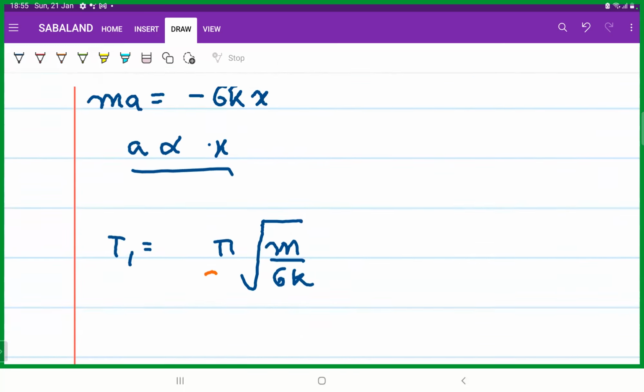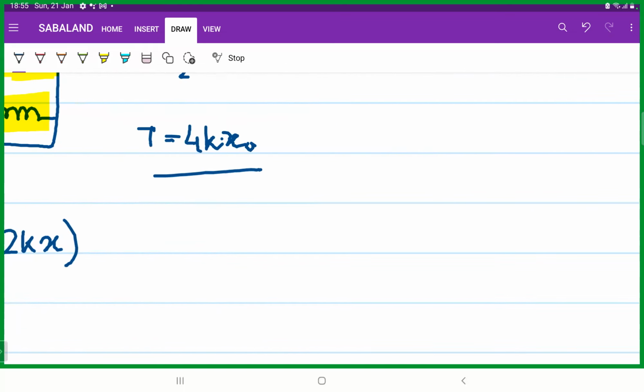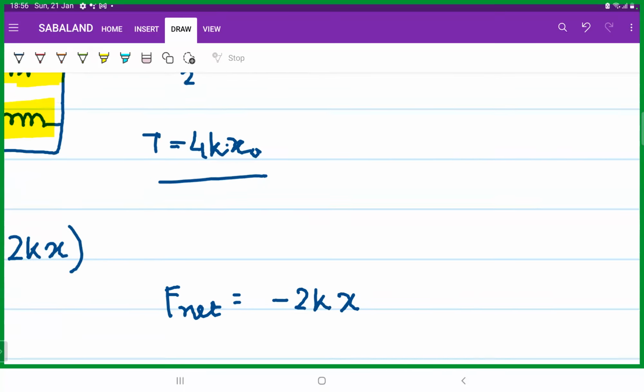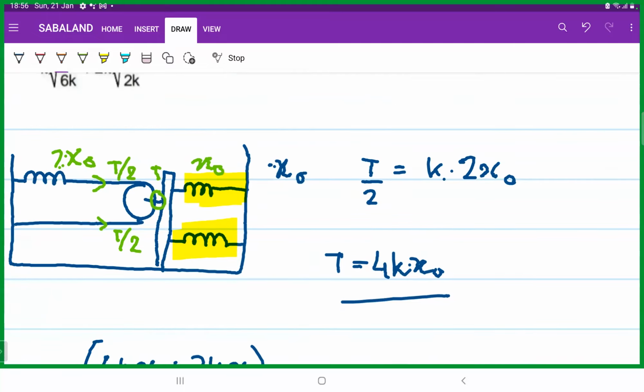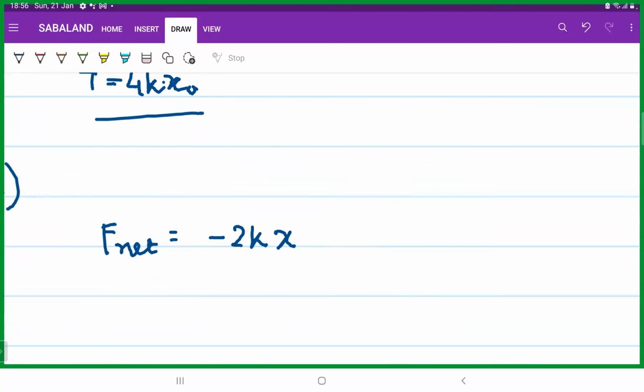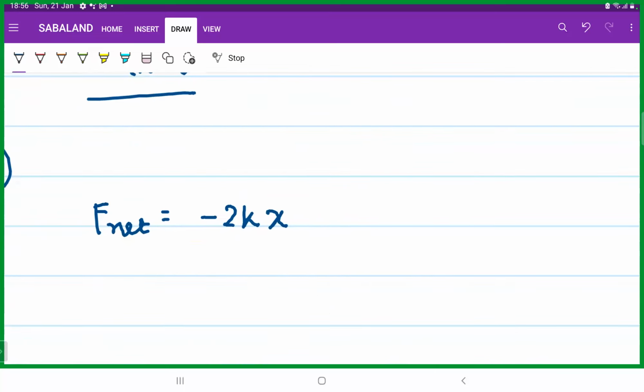Okay, now I don't think it will be very difficult to find out what the net force towards the left will be. So F net when the body moves to the left will become minus 2kx. Okay, why? Because only the springs are in action. There's no need to take into account this entire system over here towards the left. No use, right? So the time period will be again 2 pi by 2.